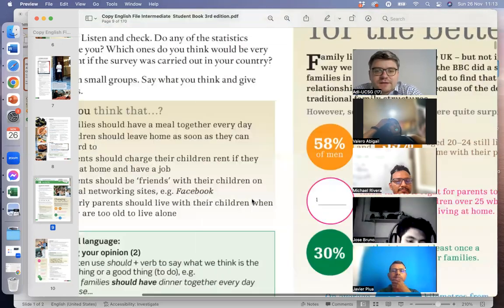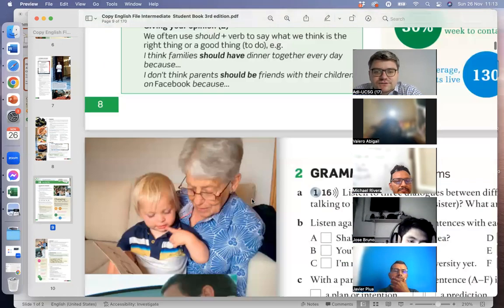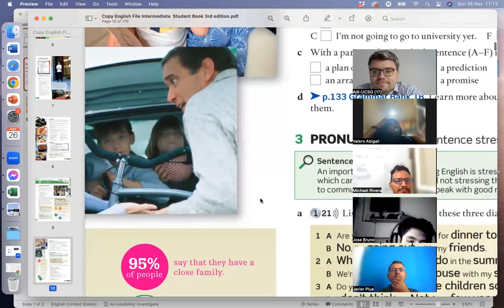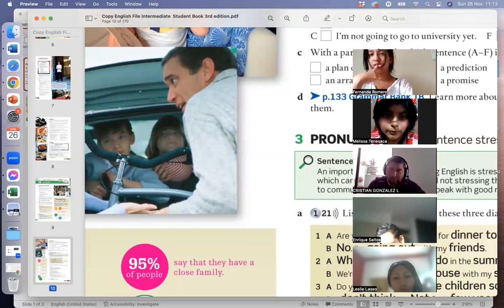What do you think is happening here? How would you describe this picture? Christian, can you describe this picture?